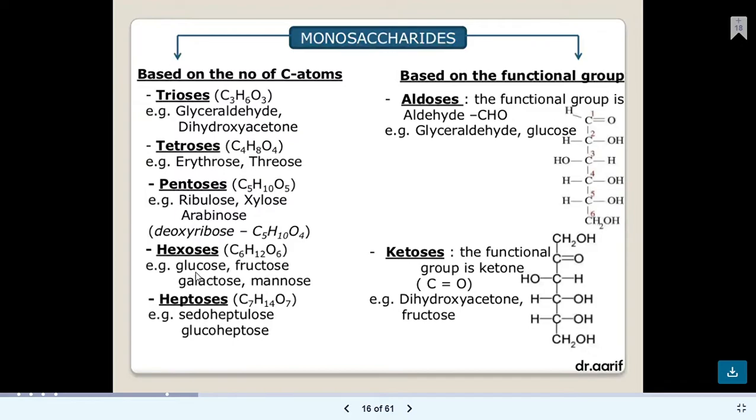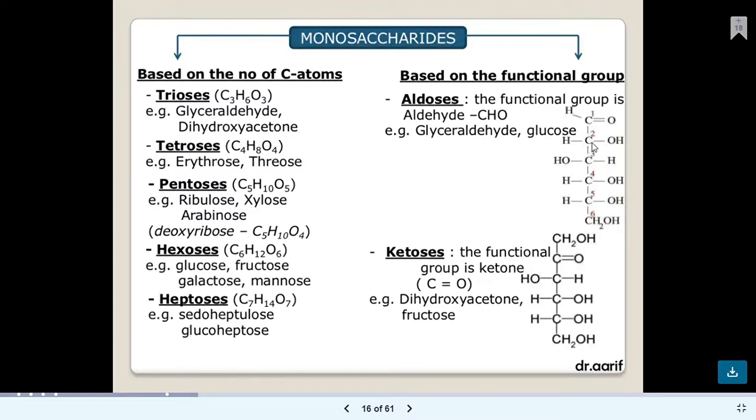Hexoses, most commonly, you have glucose, fructose, galactose, mannose, and in heptoses, glucoheptose and pseudoheptulose. Trioses mean 3 carbon, tetroses means 4 carbon, pentose means 5 carbon, hexose 6 carbon, and heptose 7.